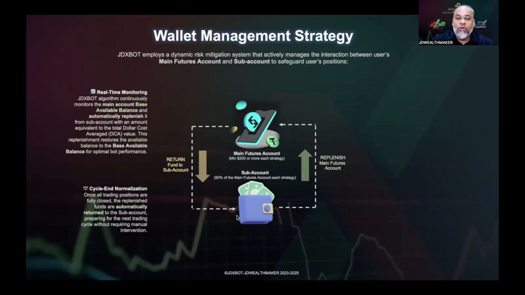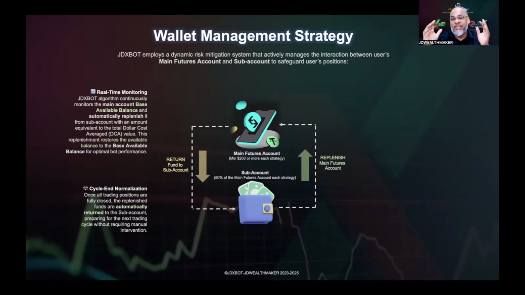Can you see that? So whatever amount is replenished into the main account, once the position is fully closed, that means once the position is closed and profit is taken, that amount will return back to the sub account and get ready for the next trading cycle. Can you see that?